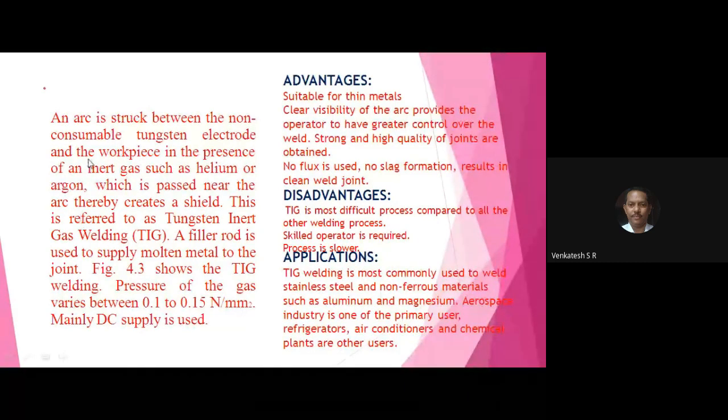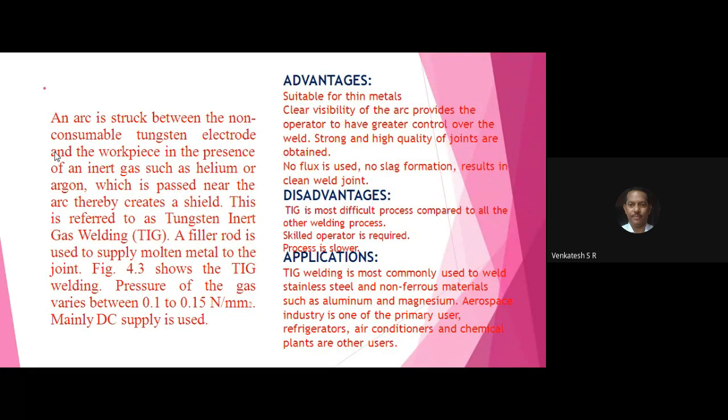Please, all of you write down an arc. First title, write down principle of operation of inert gas welding. The inert gas pressure used here ranges from 0.1 to 0.15 newtons per millimeter square, and the power supply is usually DC.